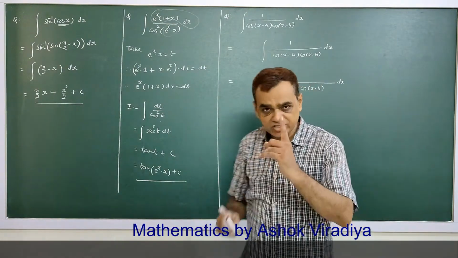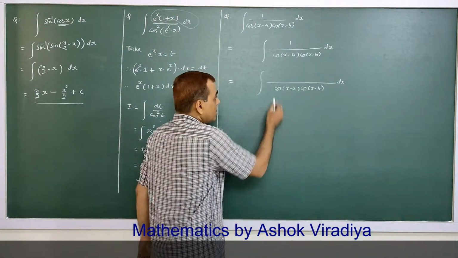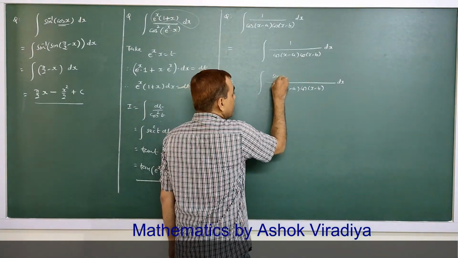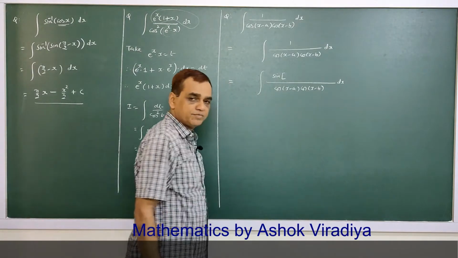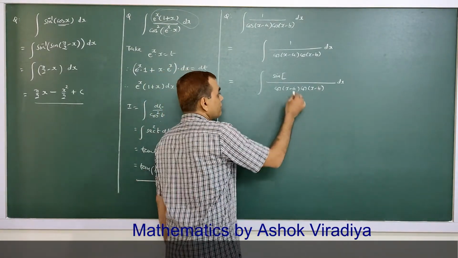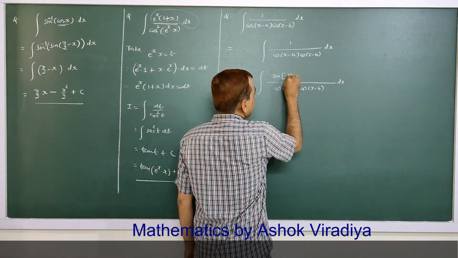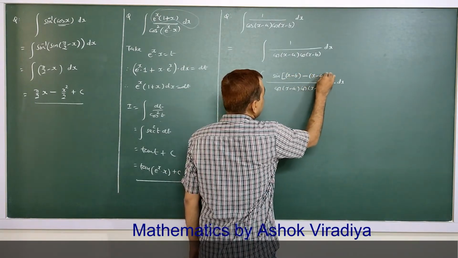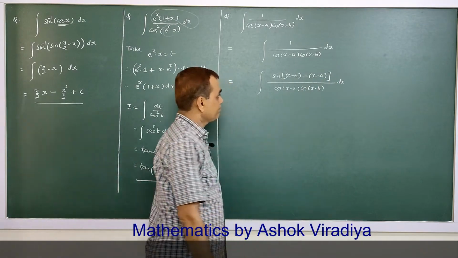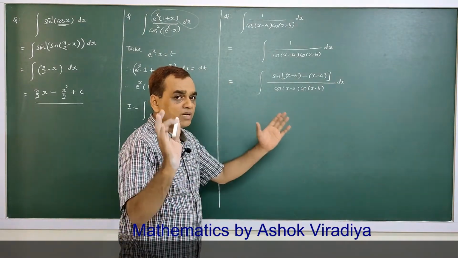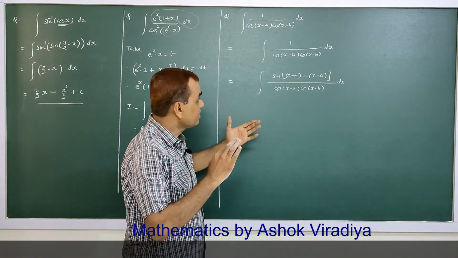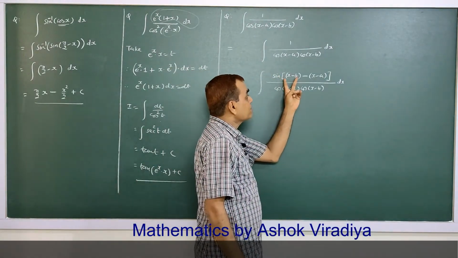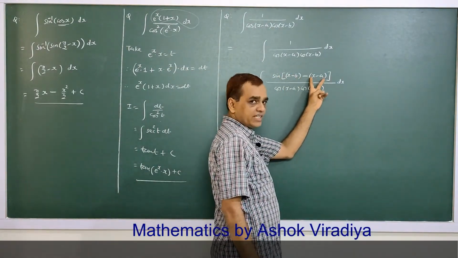Now see the changes. In the numerator I put sine of x minus b minus x minus a. See what I have written in the numerator, sine of x minus b minus x minus a.